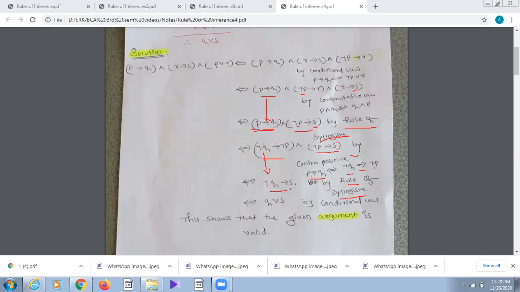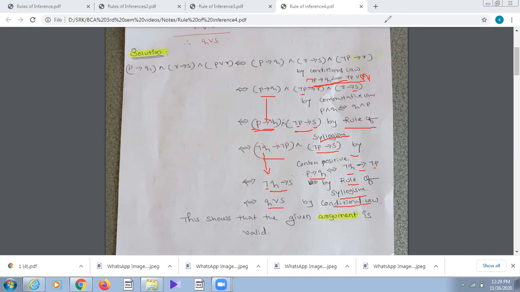Again, here we have the conditional law: P conditional Q can be written as negation P or Q. Here we have negation Q conditional R, so this negation will be here. In the same way, we take Q or S by using the conditional law.